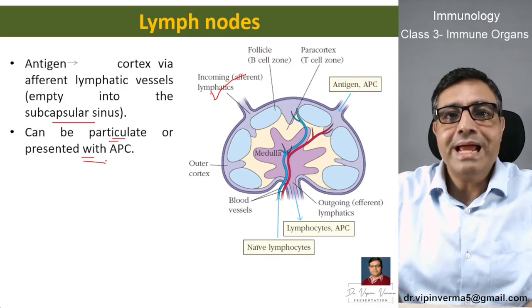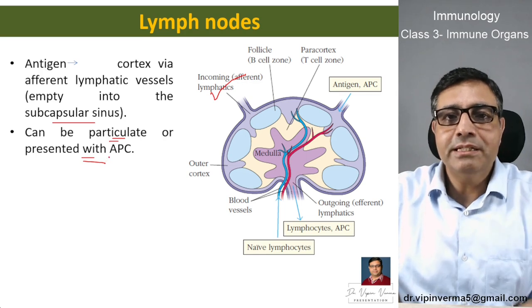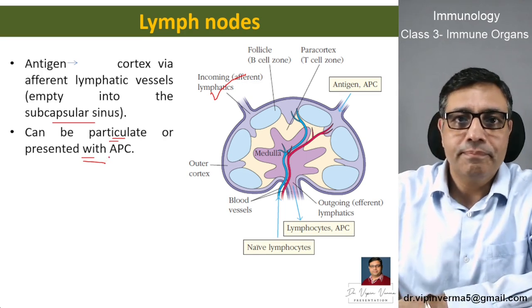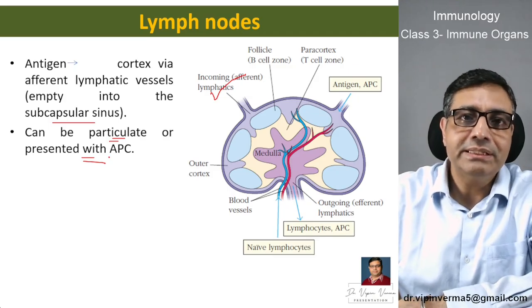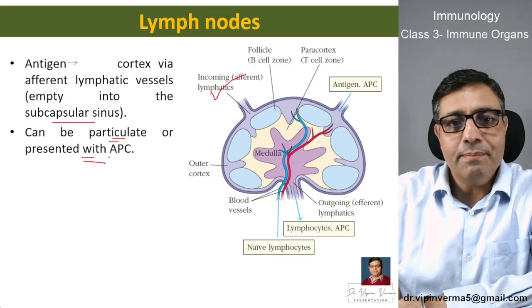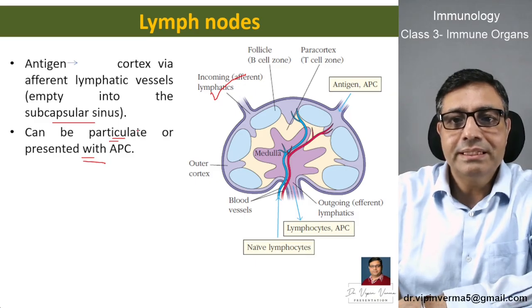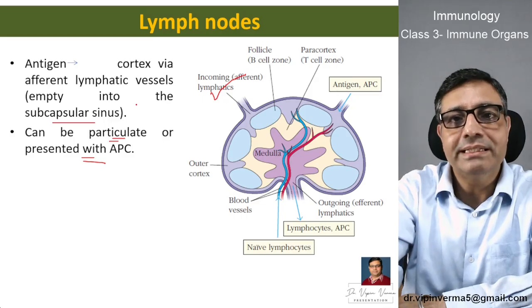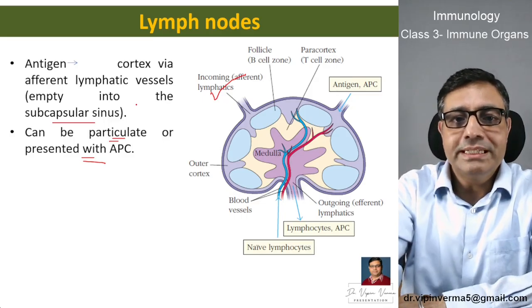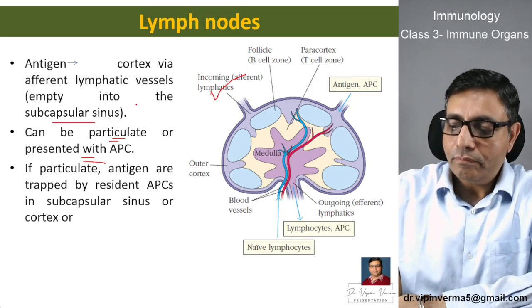Maybe in the local tissue, the antigen presenting cell has taken up the antigen, processed it and presented it with the MHC, and that is coming inside using the afferent lymphatic. So antigen can come in both ways, either particulate or presented with an APC.